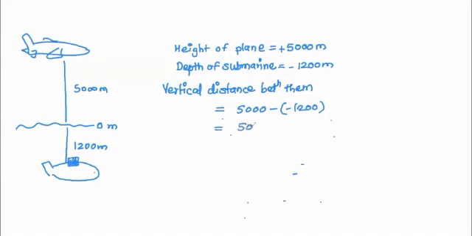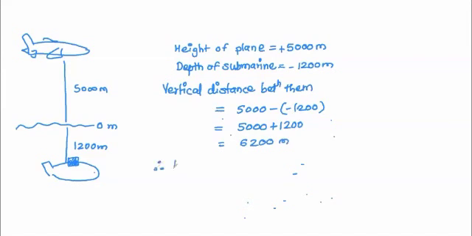We'll get 5000, minus and minus, two successive signs which are the same, then we get plus, which is equal to 6200 meters.